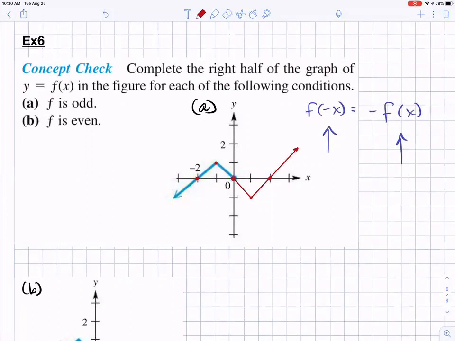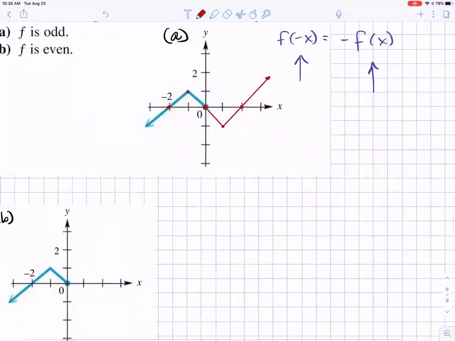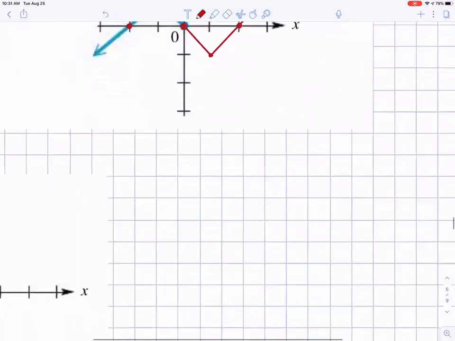Same graph. Part B says now I want the other side of the graph to make an even graph. So can you go back in your notes? What are the two things that have to be equal to have an even graph? What's my test for even? F of x, so the original has to equal f of negative x.